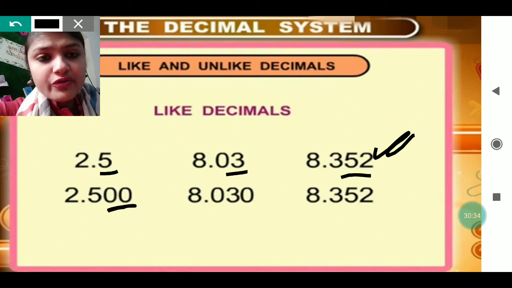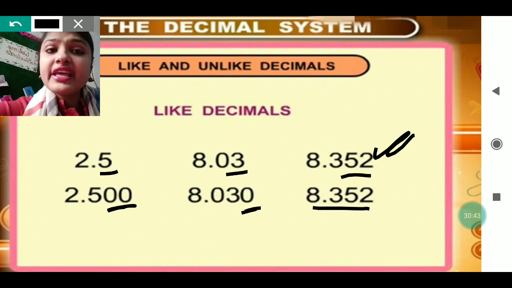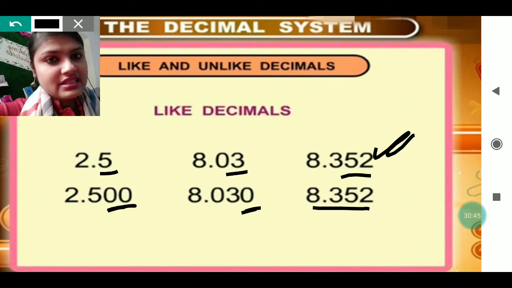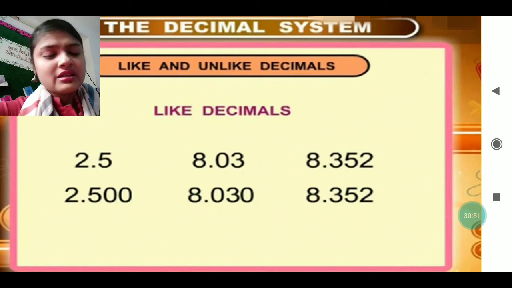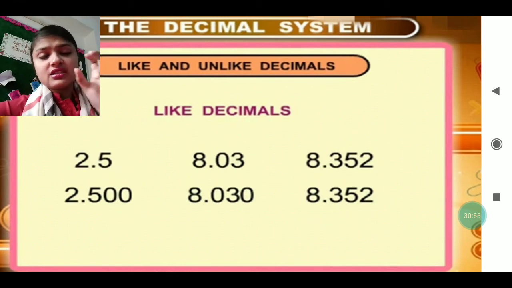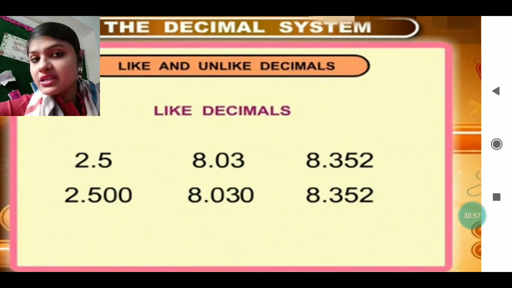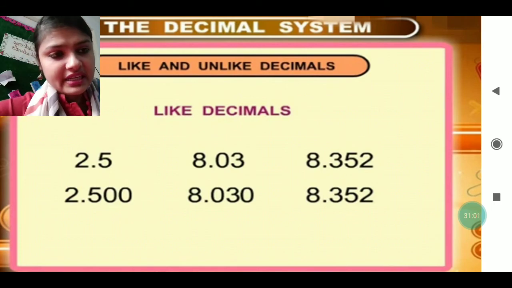If we put two zeros after 5, it will become equal. If we put one zero after 3, it will become equal, and the last is already equal. We have converted unlike fractions into like fractions by putting zeros. We looked at the largest number of digits after the decimal, and according to that we put zeros in the decimal places.